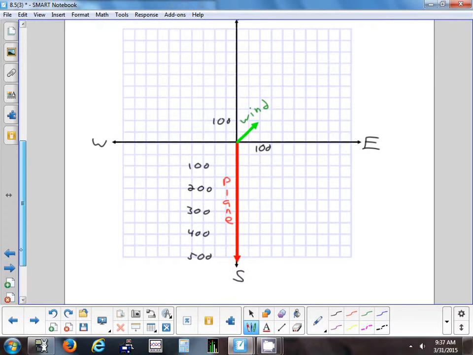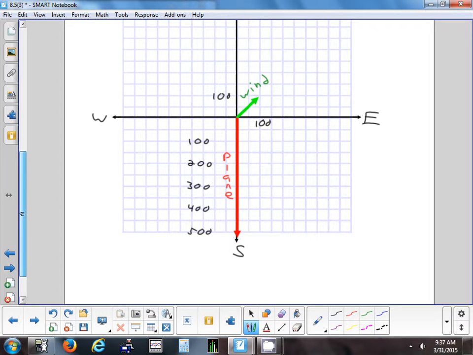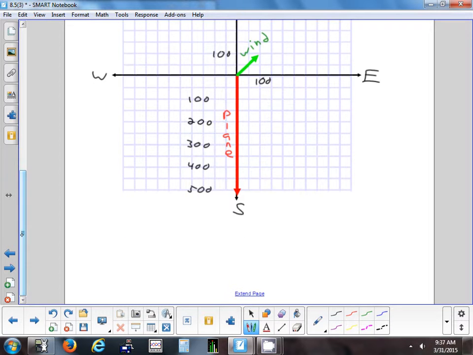All right, so our first goal is to figure out a velocity vector for each of those things. One for the plane, one for the wind. Okay, let's start with the velocity vector for the plane. Okay, so remember your velocity vector is the magnitude times the cosine of your angle, that's the horizontal, and then the sine of the angle is the vertical.